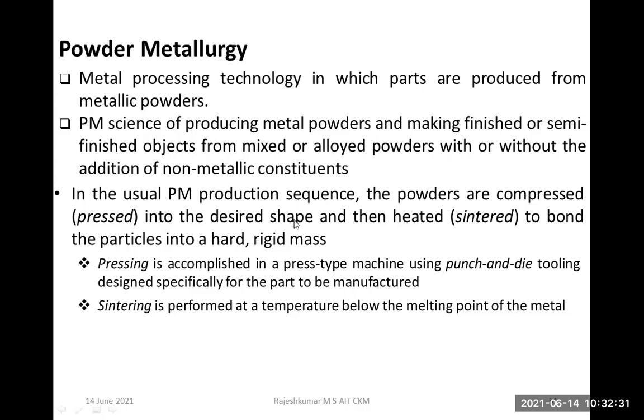A best and foremost example which we can easily understand is, I think most of you have heard the name Ashoka Pillar of Delhi. In an older era, it is a best example of this powder metallurgy technique. In the early 19th century, tungsten powder was produced and it was used in electrical lamp filaments, especially the bulb filaments.